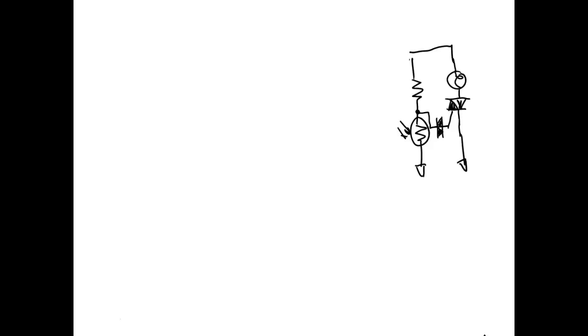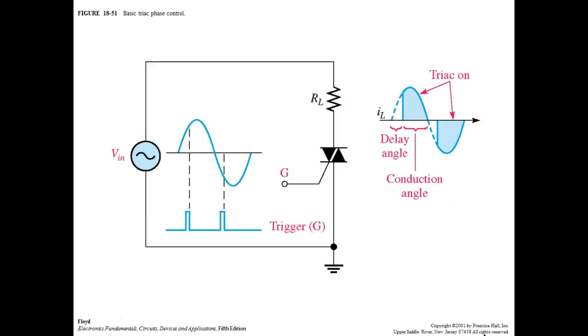If you had one of these lights that come on at night and go off during the day, this is the basic circuit. So these are triacs. Anytime you see a solid state AC relay, it uses triacs. You have your lights at night. If you've got motion detectors on your house at night, it's going to use a triac, a solid state relay.